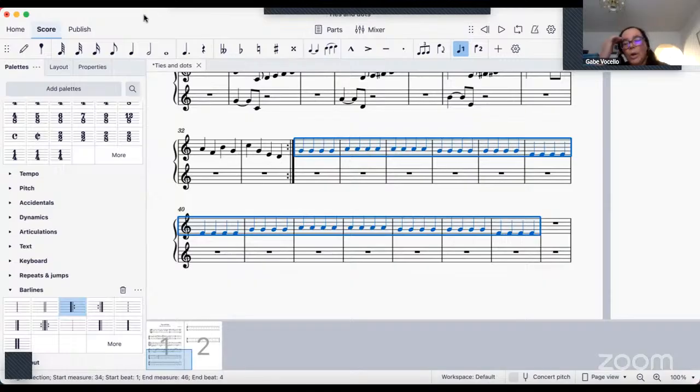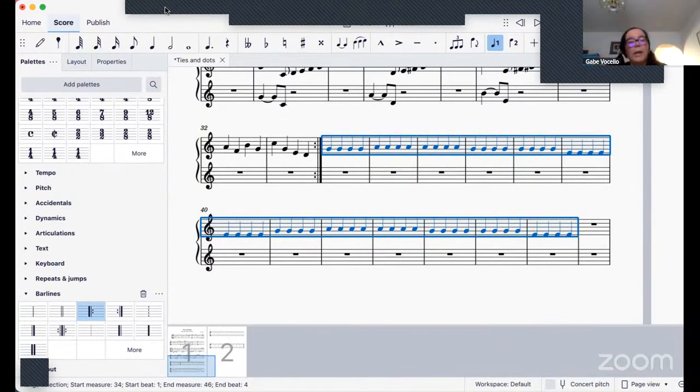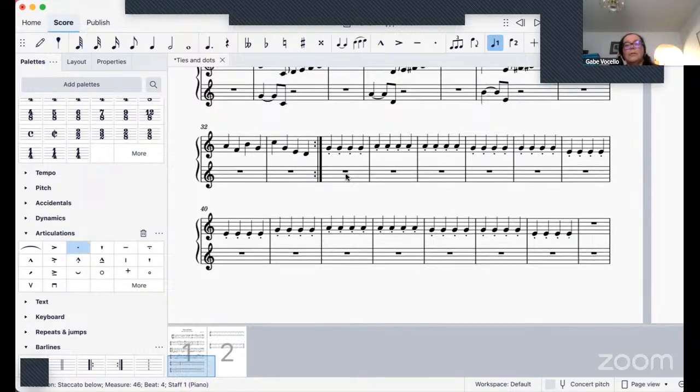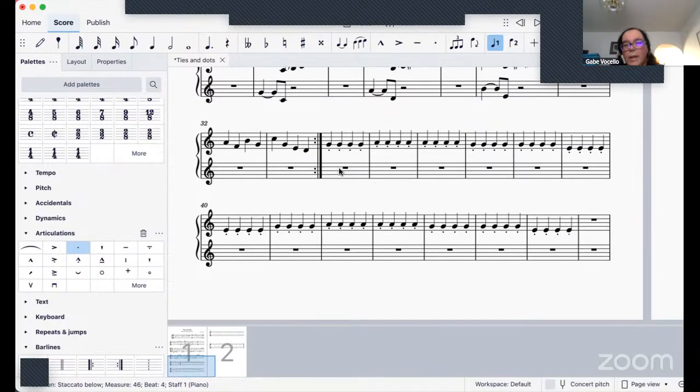Let's add one dot below the note head. See? So this dot will take half of the value of the sound. So instead of quarter notes, it's going to be an eighth note and an eighth rest.